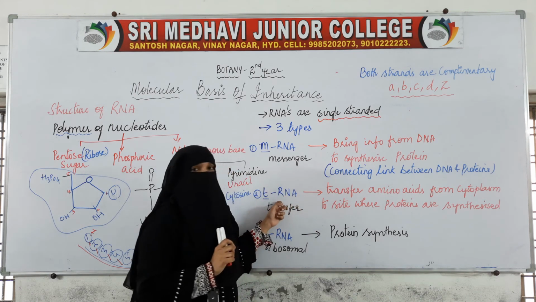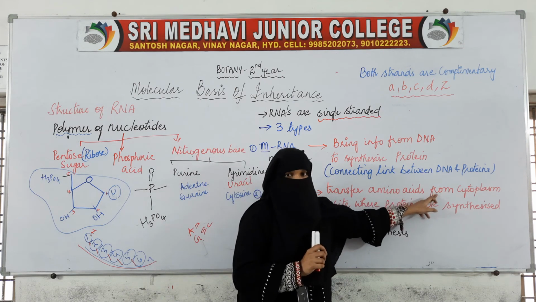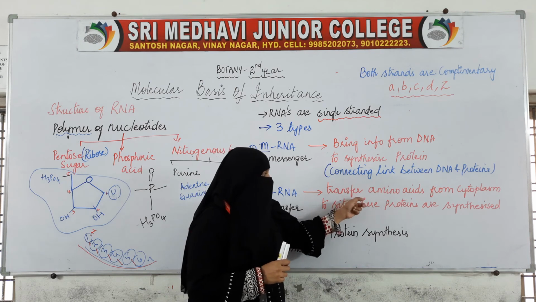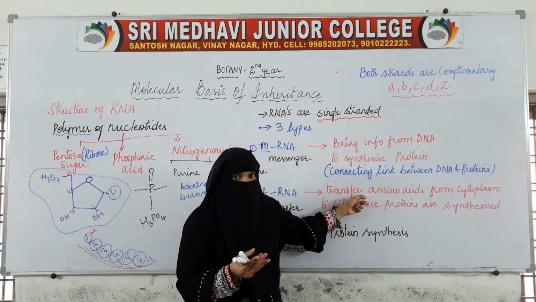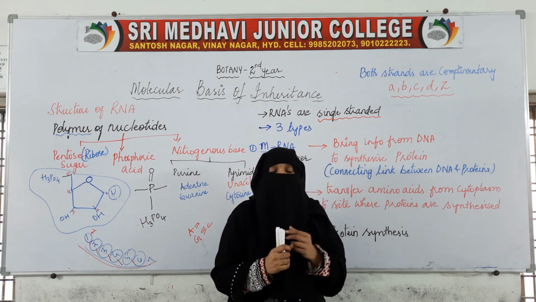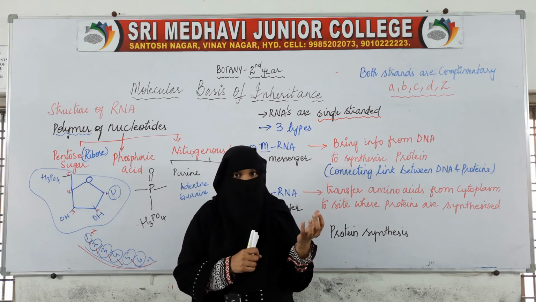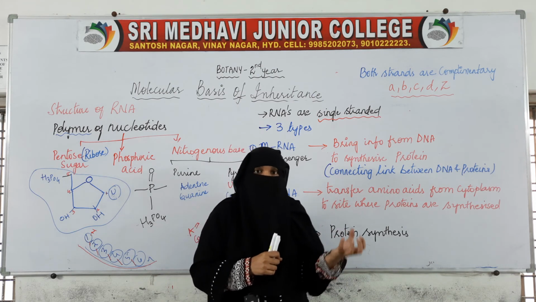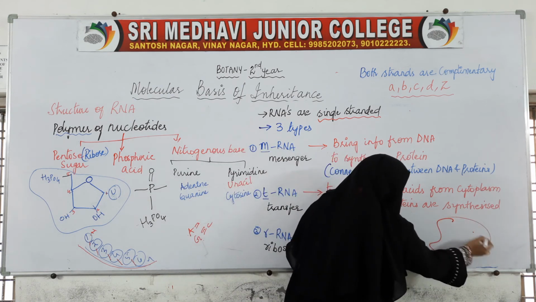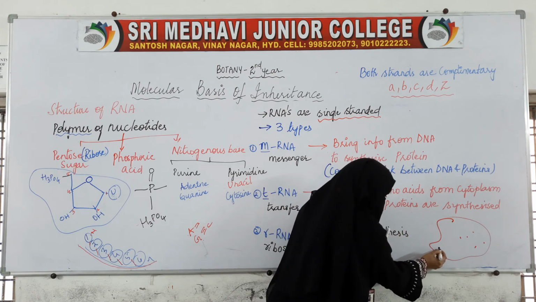The next is tRNA. It transfers amino acids. In our cytoplasm, amino acids will be present. Proteins will be synthesized at certain places, at certain sites. For example, if this is the amino acid, the protein will be synthesized here.